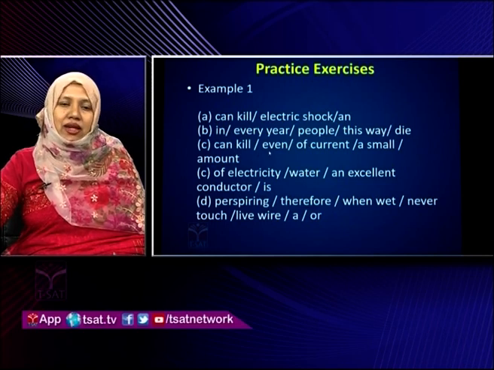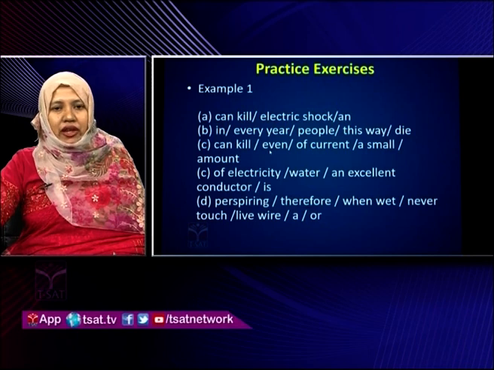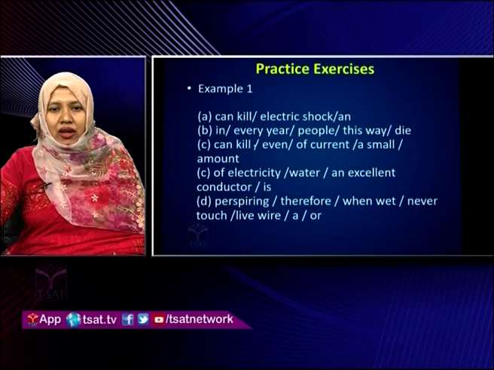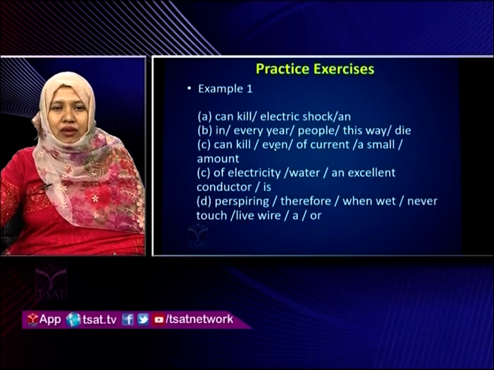So sometimes the sentence starts with each, even, none, neither, etc. Search for the words. Even is there. Before the subject, in the sentence you are finding the word even. Even a small amount of current can kill. So the correct arrangement is: even a small amount of current can kill.